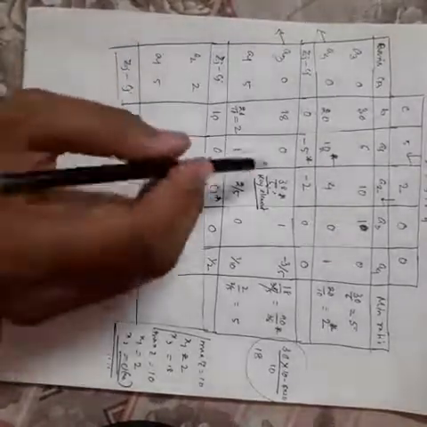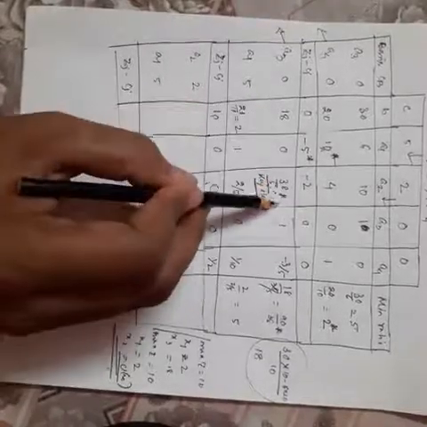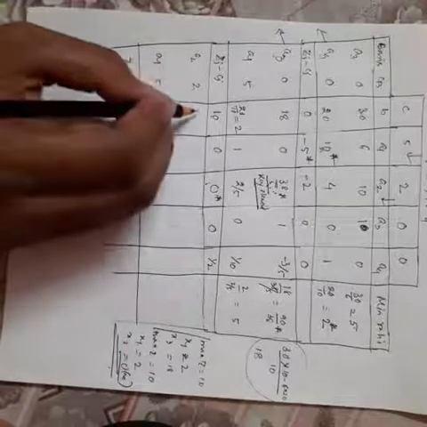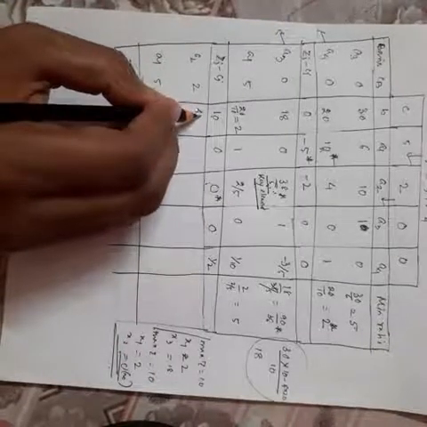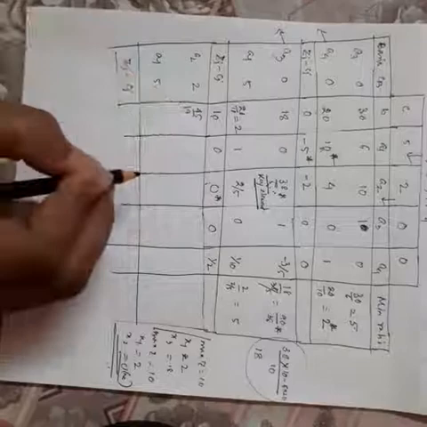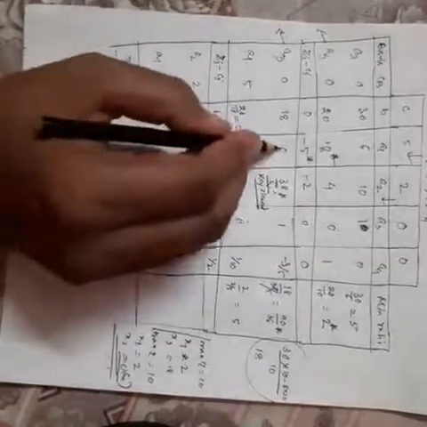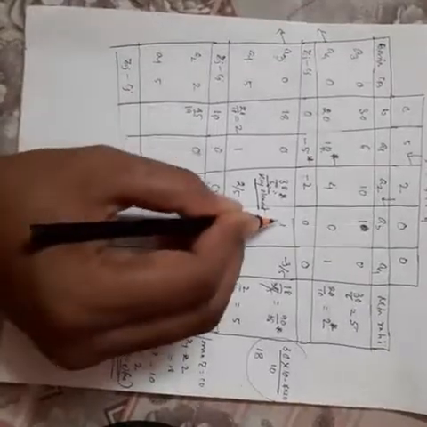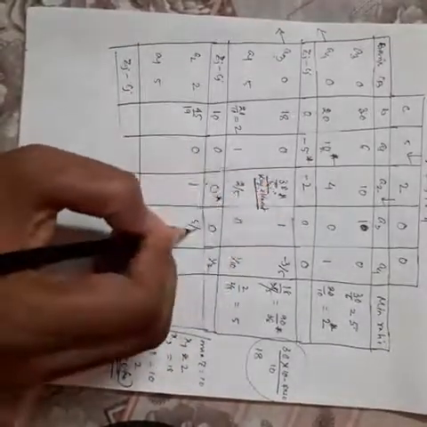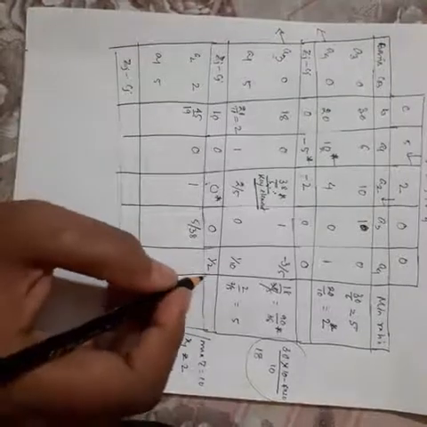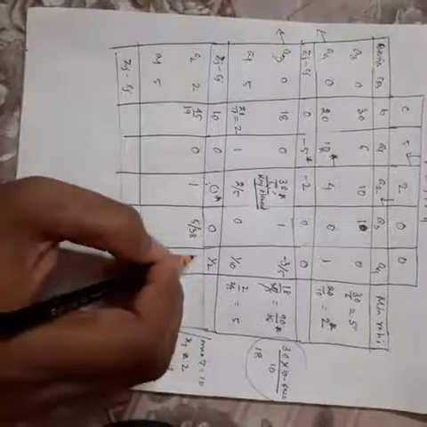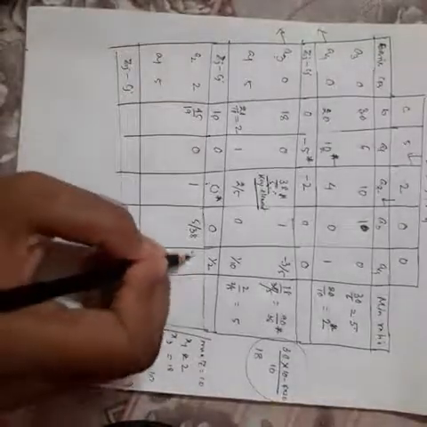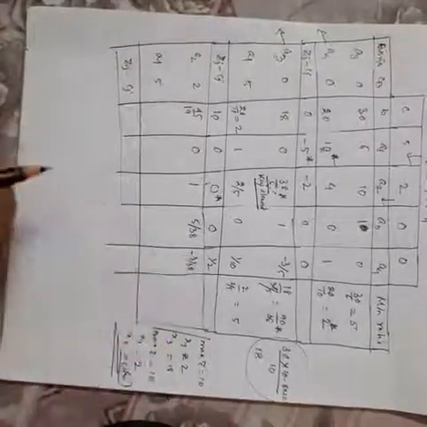Now first of all we divide the row by the key element. So we obtain 45 by 19, and 0 divided by this term gives 0, and this becomes 1, and this divided by this element gives 5 by 38, and this is minus 3 by 38.